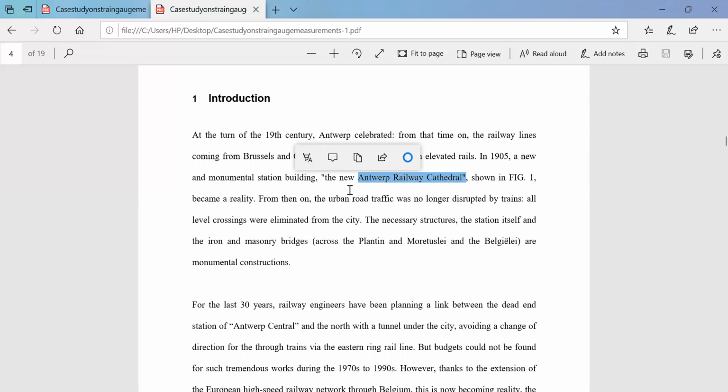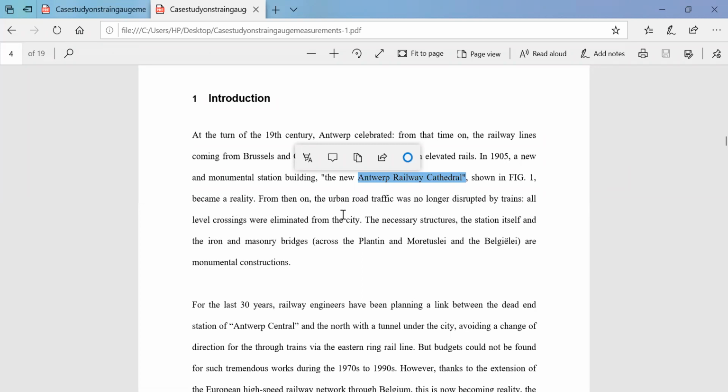From then onwards, urban road traffic was no longer disrupted by trains. Since the construction of this railway station, there was no urban road traffic disruption caused by trains, because all level crossings were eliminated from the city.